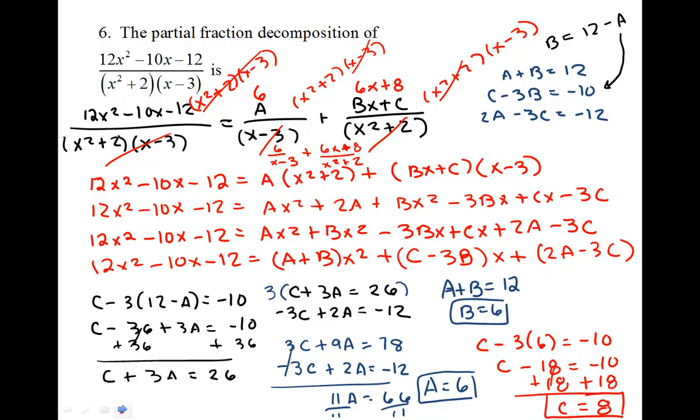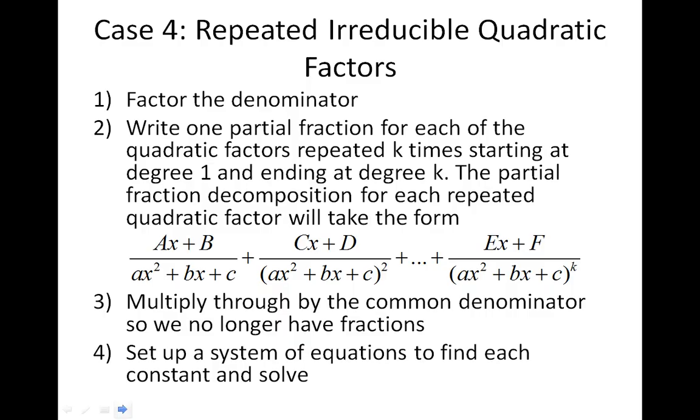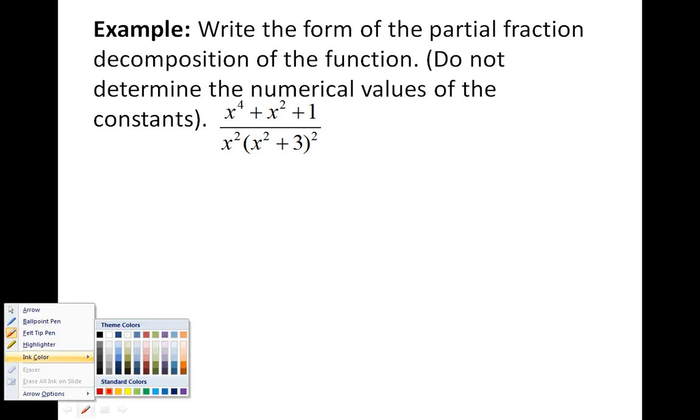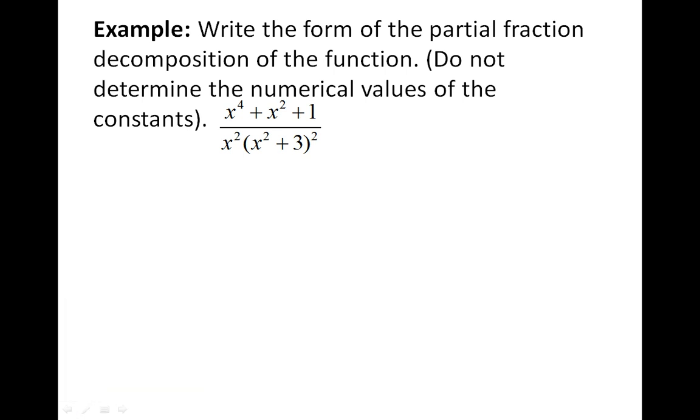All right, so I think we've done plenty of examples of that. You will not have any repeated irreducible quadratic factors, but I just wanted to show you what that would look like, how you would set up the form of that.